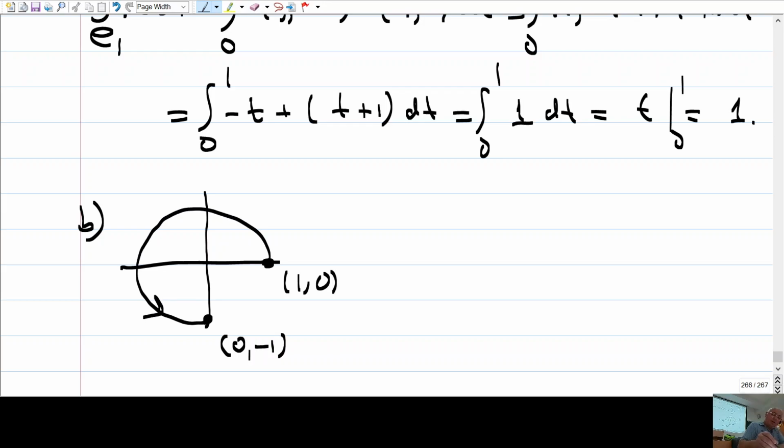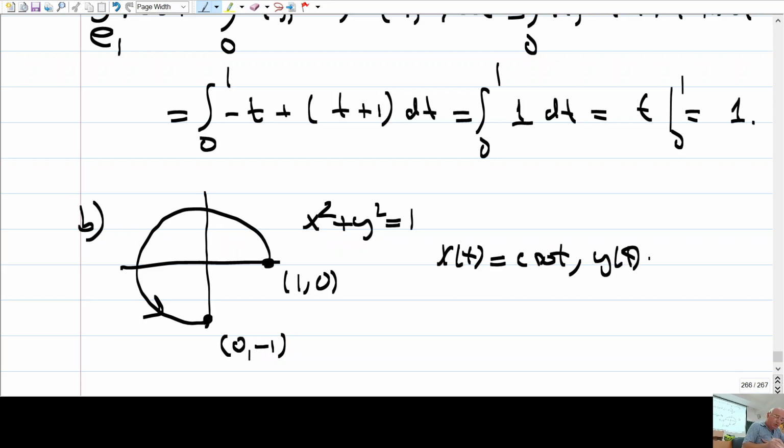Okay, now this is the circle x squared plus y squared equals 1. A parameterization for this is just let x(t) be cosine t, y(t) be sine t, and t starts from 0, and so t is the angle, and it should go up to 3 pi over 2, I guess.